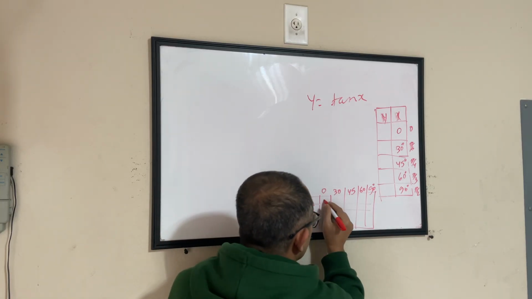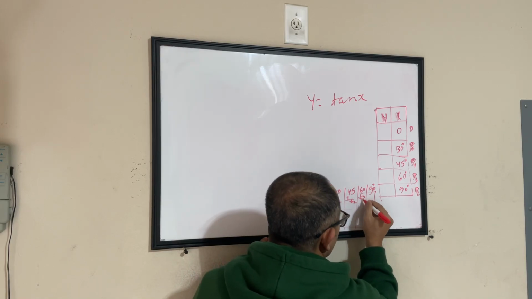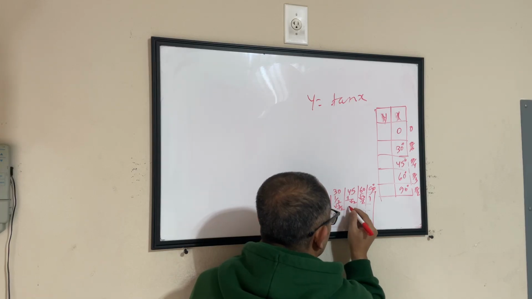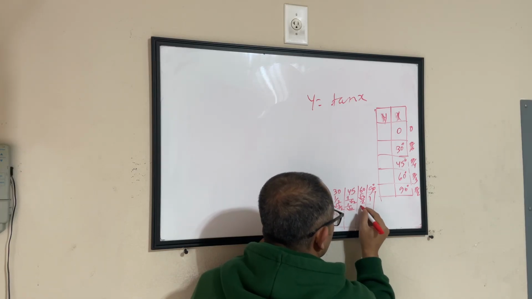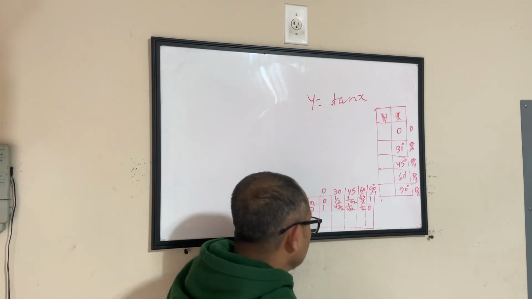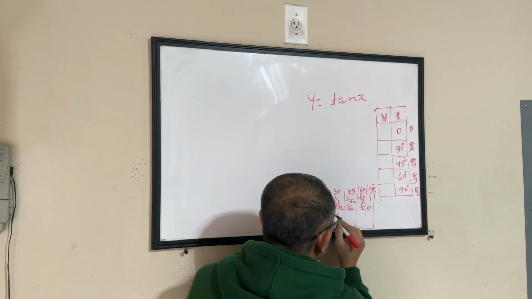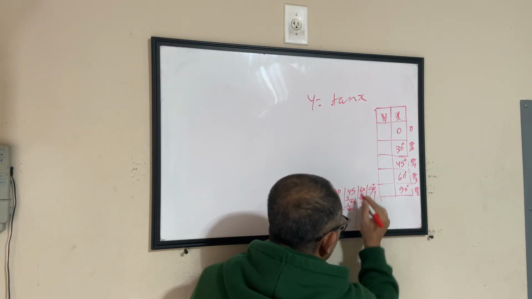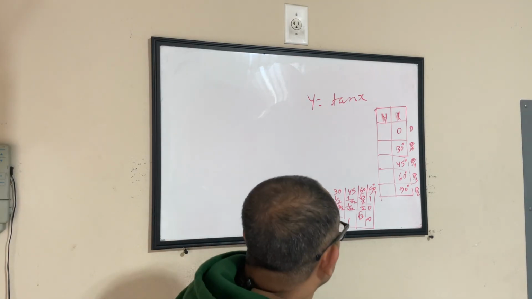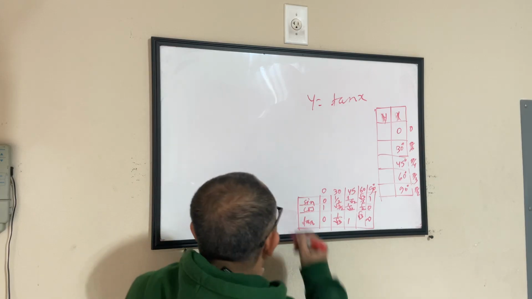So sine 0 is 0, 1 by 2, 1 by root 2, root 3 by 2, 1. Cos is 1, root 3 by 2, 1 by root 2, 1 by 2, 0. Sine by cos: 0 by 1 is 0, 1 by root 3, 1, root 3, infinity. Now look at this.